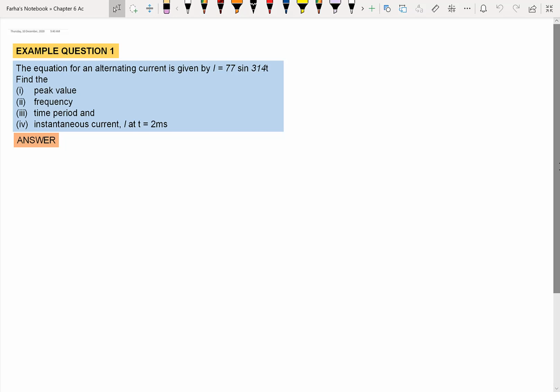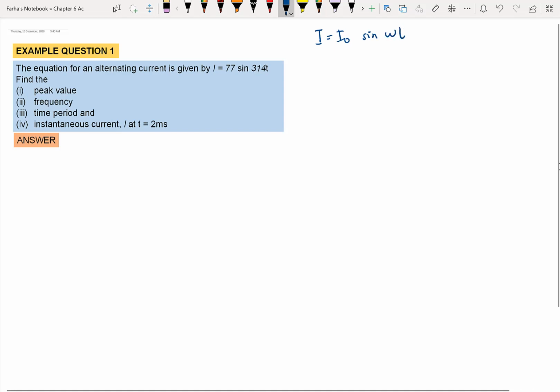Okay, now let's look at question number 1. The equation for an alternating current is given by I equals 77 sine 314t. Find the peak value. Firstly, let's compare the equation for the current with the general equation, I equals I0 sine omega t, with I equals 77 sine 314t.